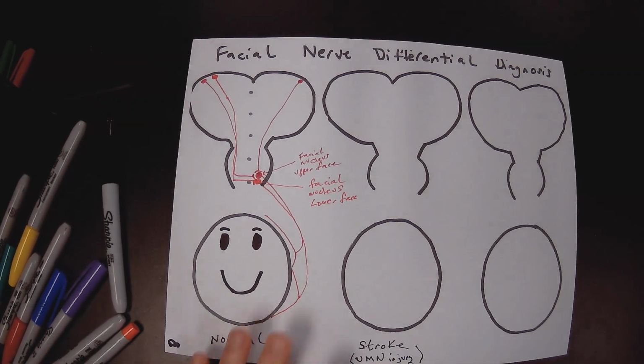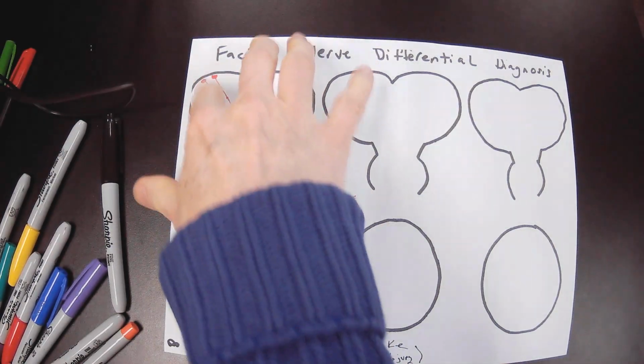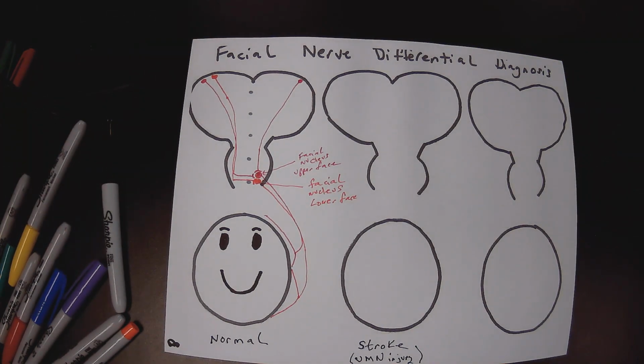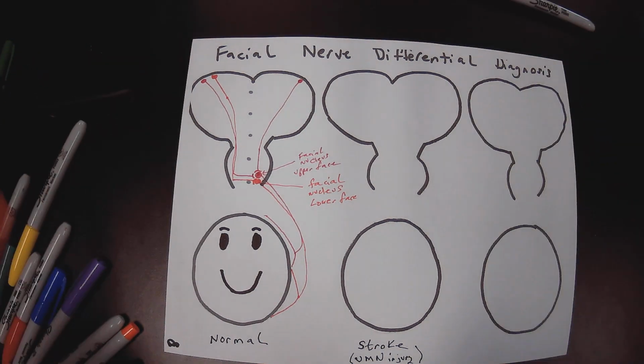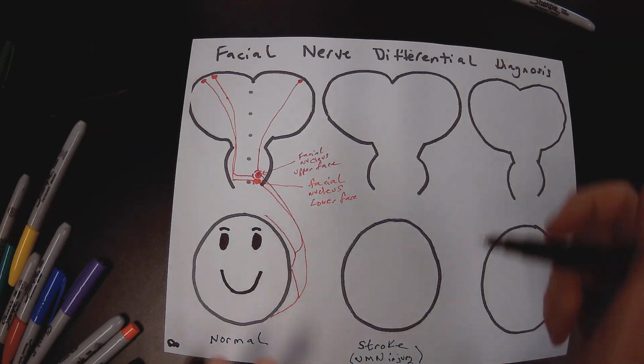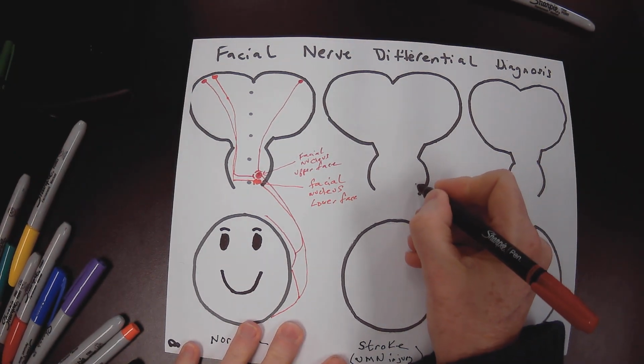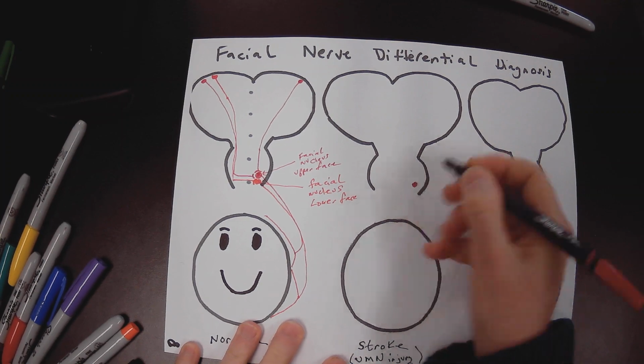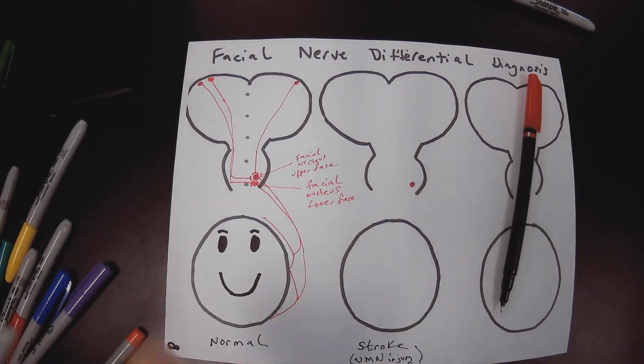All right? So what's going to happen is the upper motor neuron is going to be wiped out up top. So for the upper face division, which is red here, I midline them too.